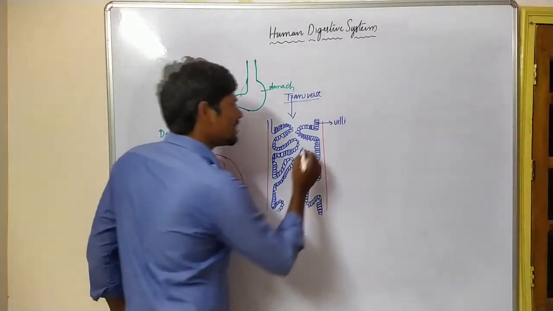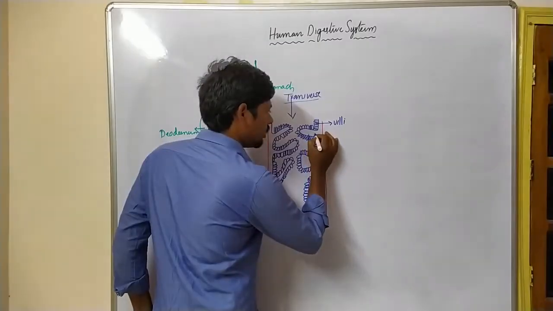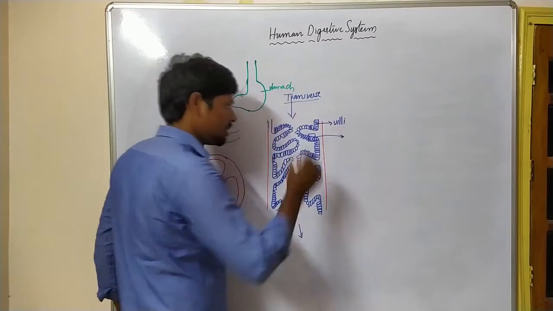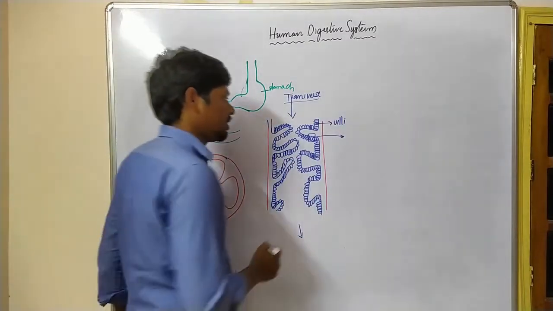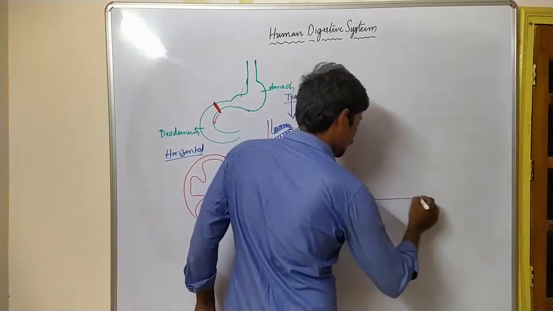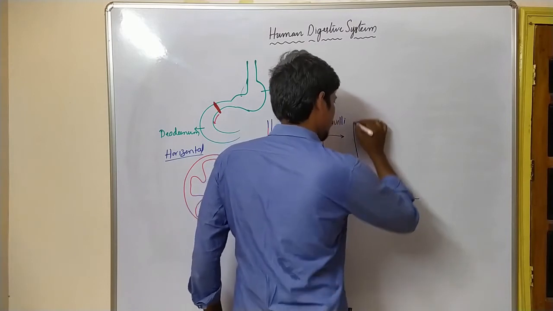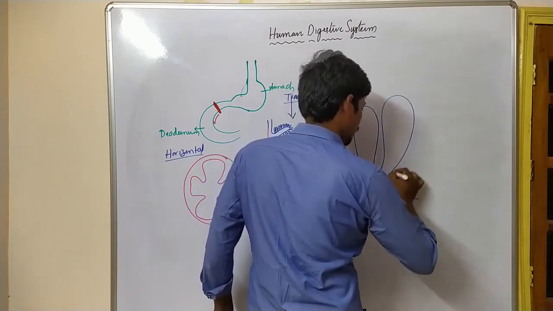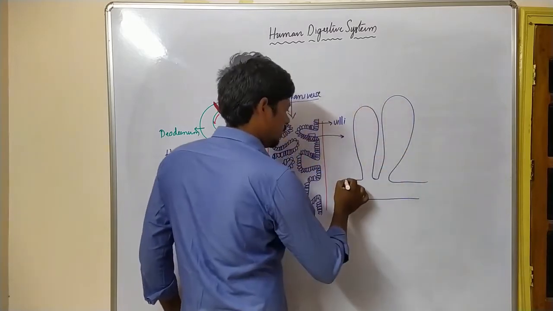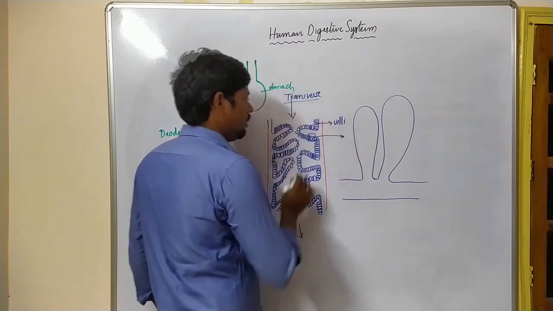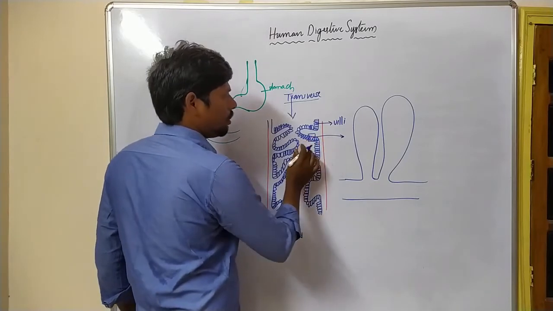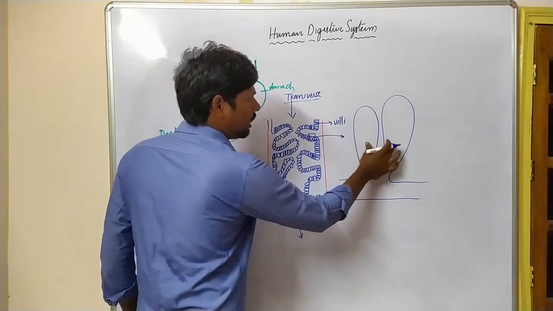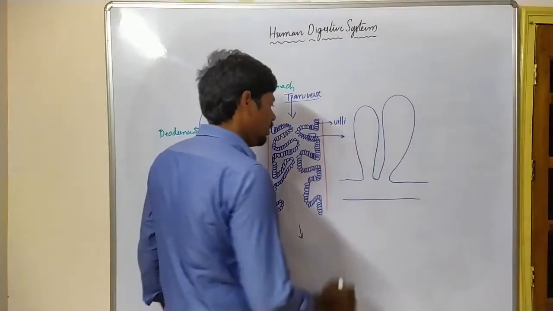If you section this part, how does it look? See, this is the part, it is looking like this.